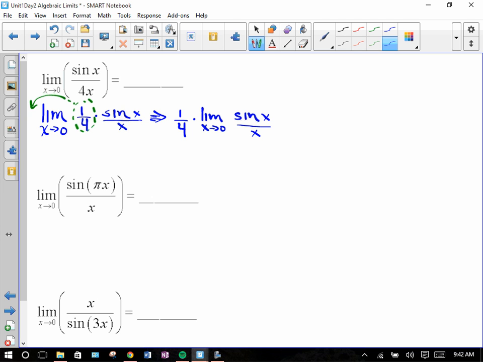So this is equal to 1/4 times 1, or 1/4. So this limit as x approaches 0 of sine x over 4x is equal to 1/4. Pretty straightforward.